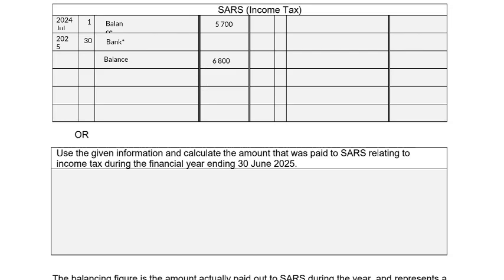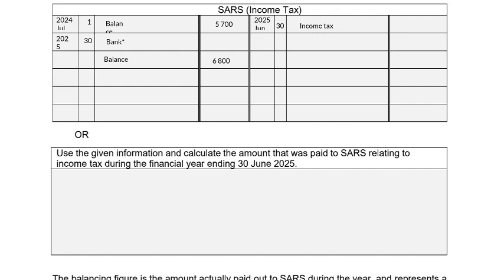On the credit side, 2025 June the 30th, our income tax amount, according to the information given, they said 28% of the net income is our company tax.